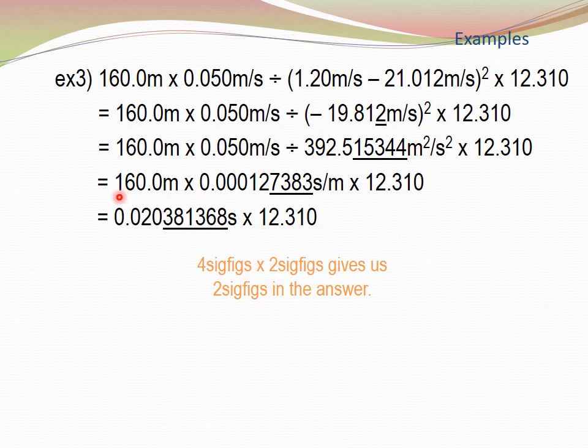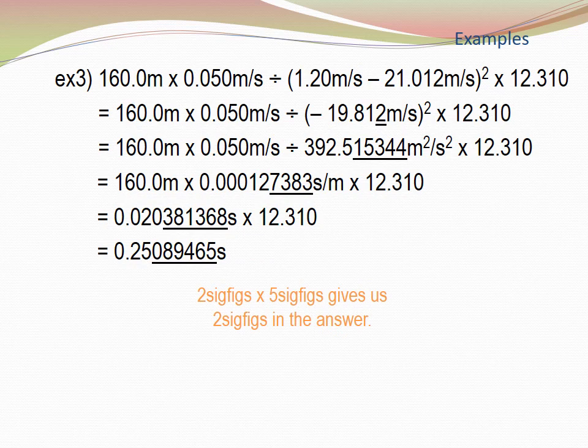Now I'm going to multiply 4 sig figs multiplied by 2 sig figs. This is what my calculator says. The 2, 0 will be my significant figures. I will underline 381368 because they are not significant. I'm doing multiplication again. 2 significant figures multiplied by 5 significant figures means my answer is only allowed to have 2 significant figures, so that's 0.25.